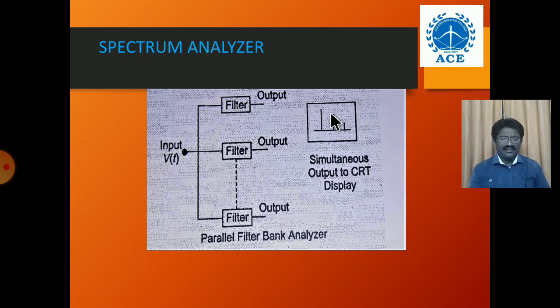So here in a parallel filter bank analyzer, the frequency range is covered by a series of filters whose central frequencies and bandwidth are so selected that they overlap each other, as shown in this figure. Typically, an audio analyzer will have 32 of these filters, each covering 1/3 of an octave.